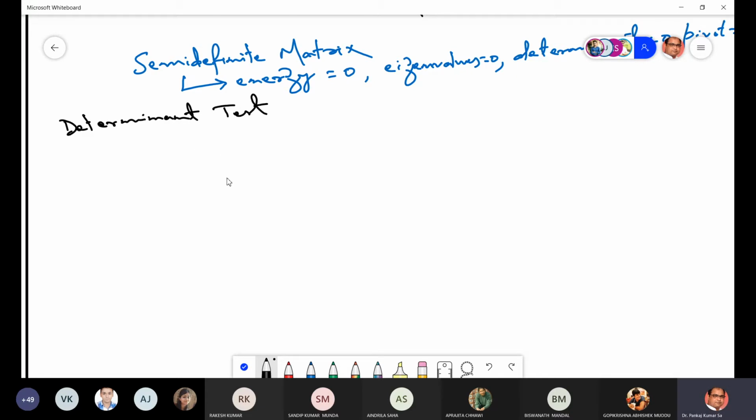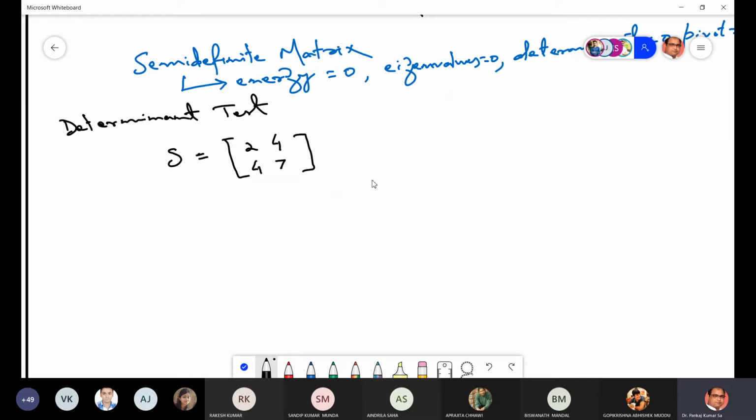Let S be 2, 7, 4, 4. Whether this is positive definite or not.